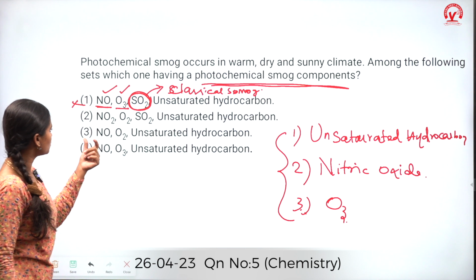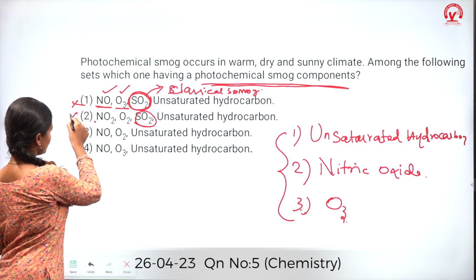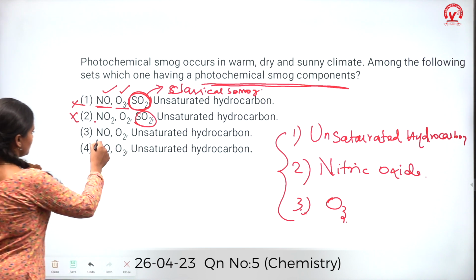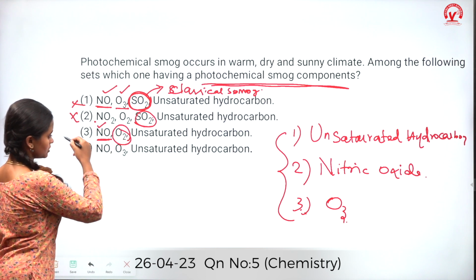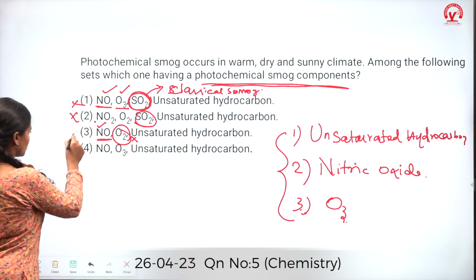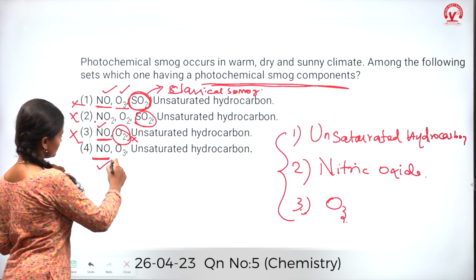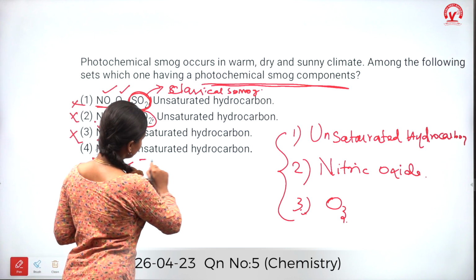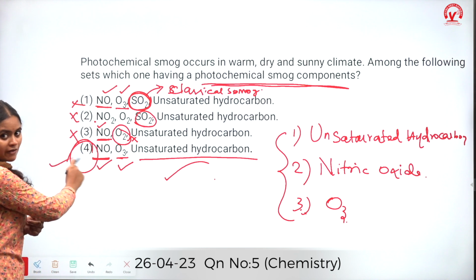Then in option 2, sulfur dioxide is also present, so this is also wrong. In option 3, nitric oxide is present, but here they are giving oxygen. Oxygen is not present in photochemical smog, so this is also wrong. And the fourth option has nitric oxide, which is correct, ozone, which also comes under photochemical smog, and unsaturated hydrocarbon. So option 4 is correct.